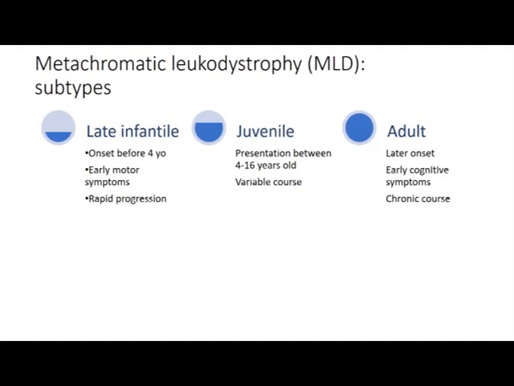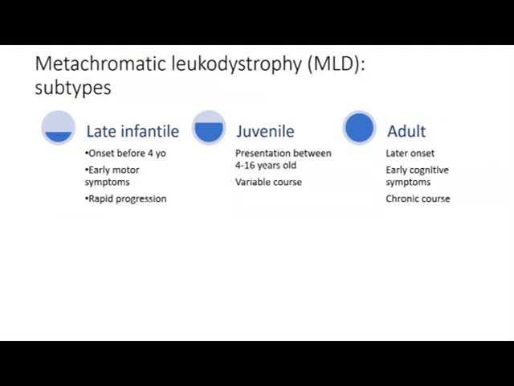In the late infantile group, most people put the cutoff at 4 years of age, so children that begin to have symptoms before 4 years, although some groups do limit this to those that have presented under 2.5 years of age. Most children with the late infantile form of disease have very early motor symptoms and a rapid progression of first loss of motor skills, followed by a loss of cognitive skills.